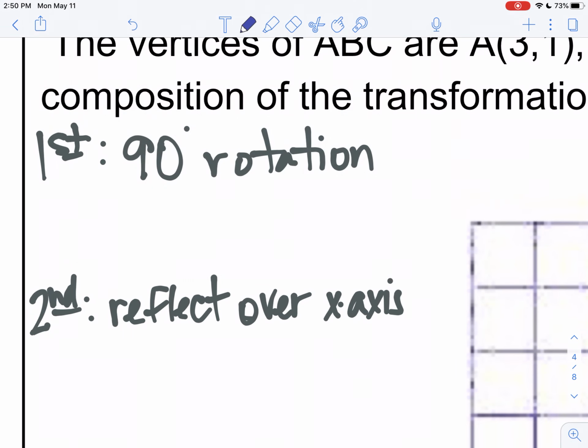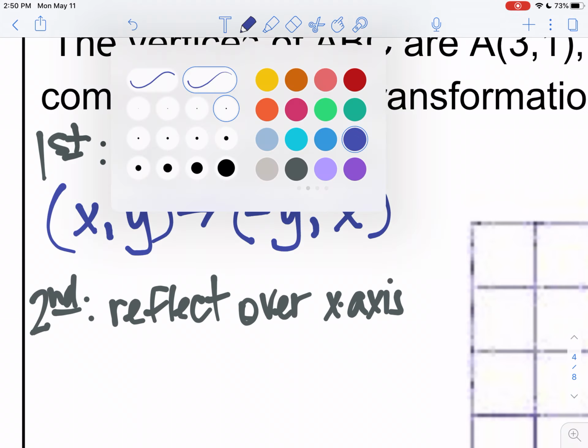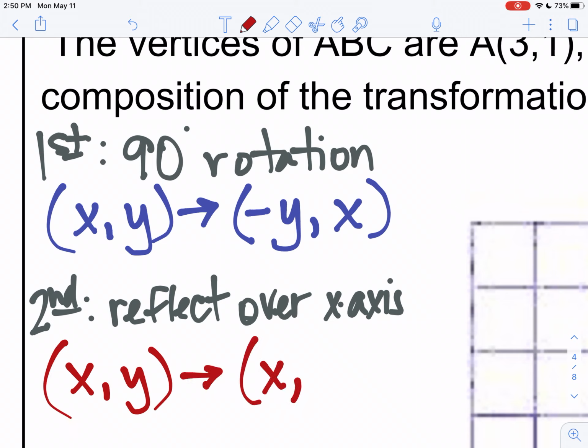Starting with the 90-degree rotation, our mapping that we learned about earlier takes xy and turns it into negative y, x. They flip position and the first one changes sign. When we reflect over the x-axis, xy gets mapped to x, negative y, since our y coordinate changes sign.